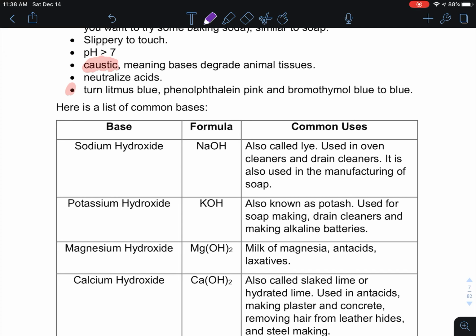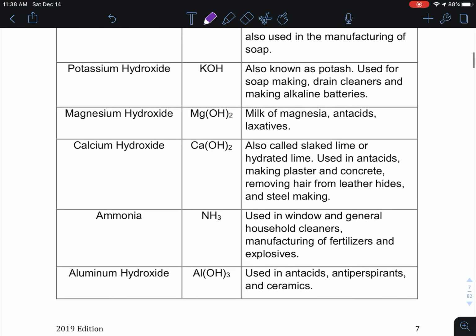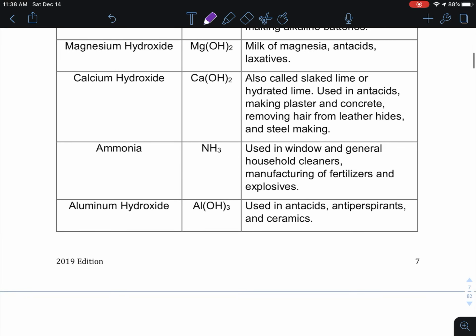Most of these bases produce hydroxides. So we have sodium hydroxide, potassium hydroxide. All of these are bases. Ammonia is probably the only peculiar one. Ammonia is a base because of that earlier reaction we showed where it actually consumes a proton.